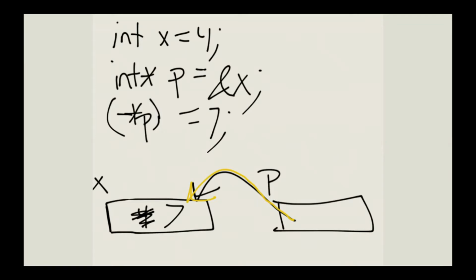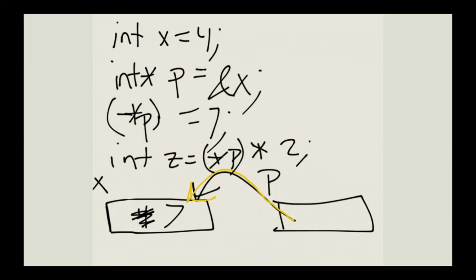Or I could say int z equals star p times 2. That's confusing because it's star star, but the one star is dereferencing p, the other star is multiplying by 2. So notice I could have just as well replaced this star p with x.